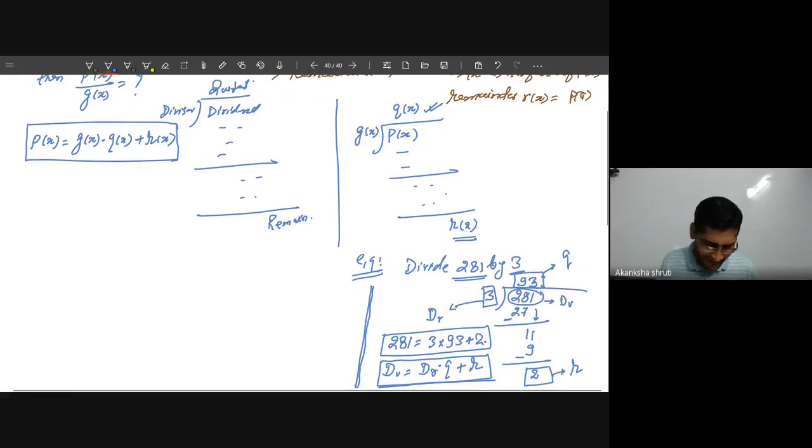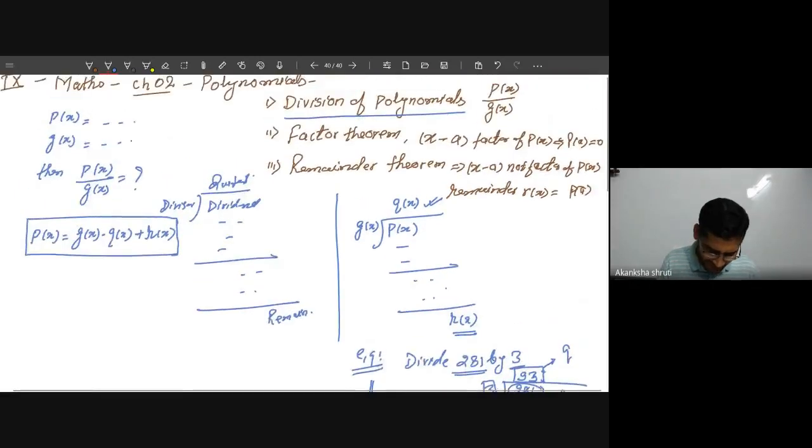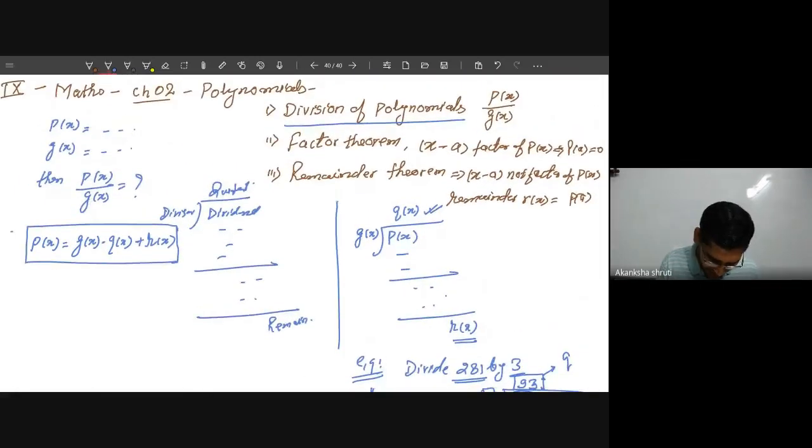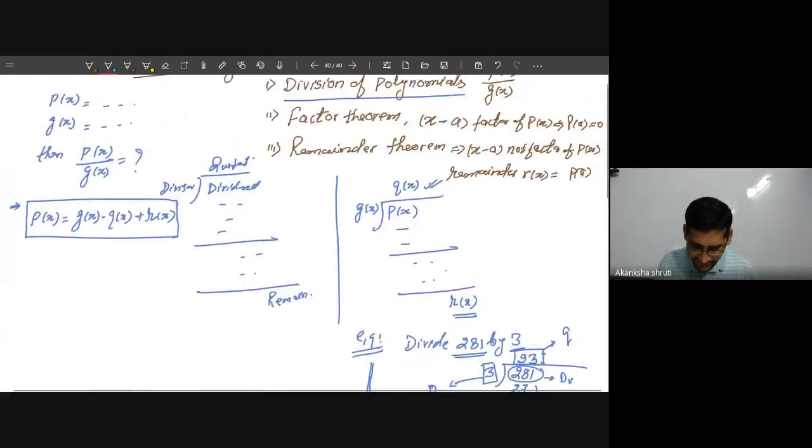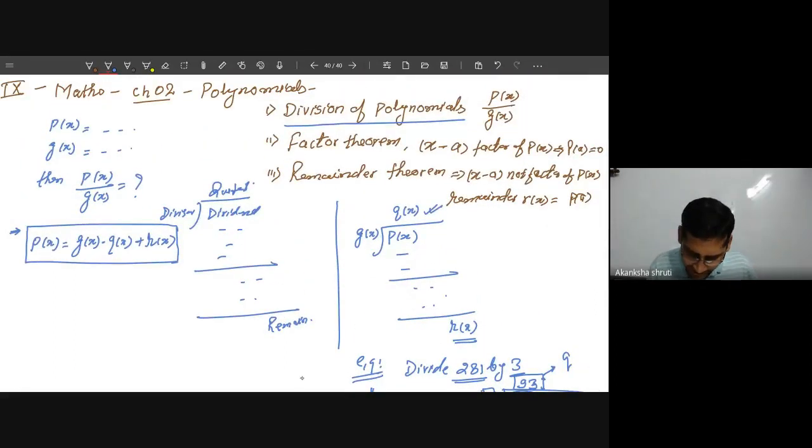The same thing I have written here. Student, watch carefully what is written. This is the same as this one. Here we denote the dividend by the polynomial px. The divisor is the other polynomial gx. The quotient that we obtain is denoted by the polynomial qx, and the remainder by the polynomial rx.